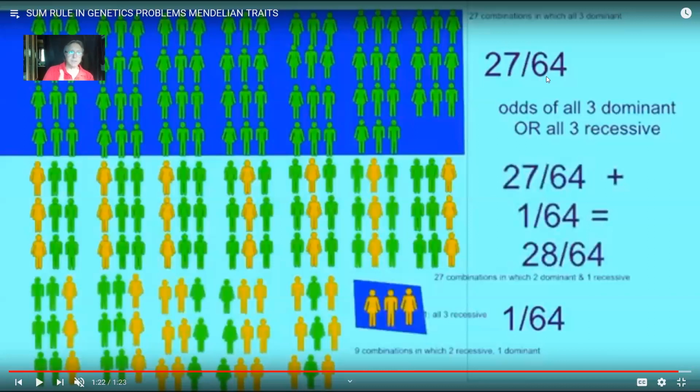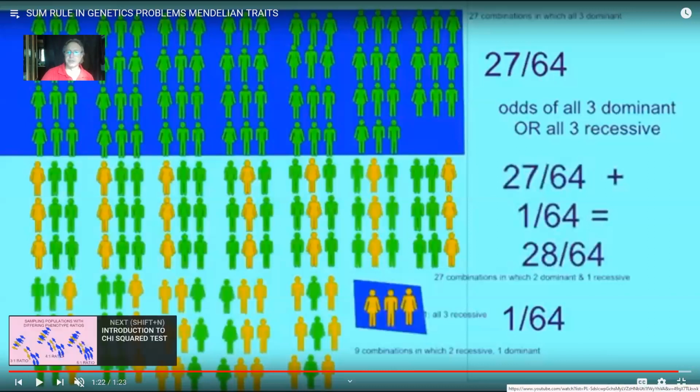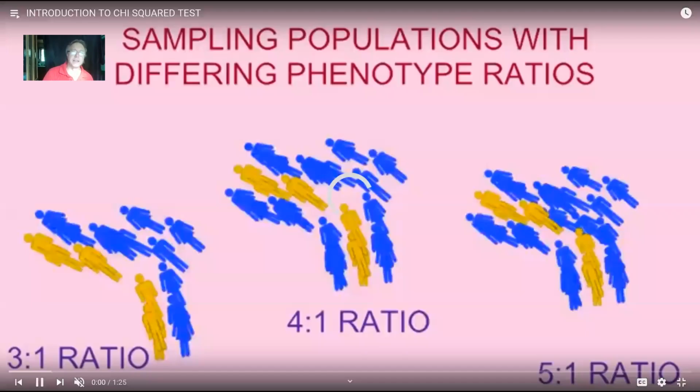No, we expect this ratio, 9 to 3 to 3 to 1. We did not get it. Something else must be going on. Let's try to explain the something else. And so this, I believe, is often underestimated as far as Mendel's principles. The idea of making it mathematical just allows for the testing of hypotheses.